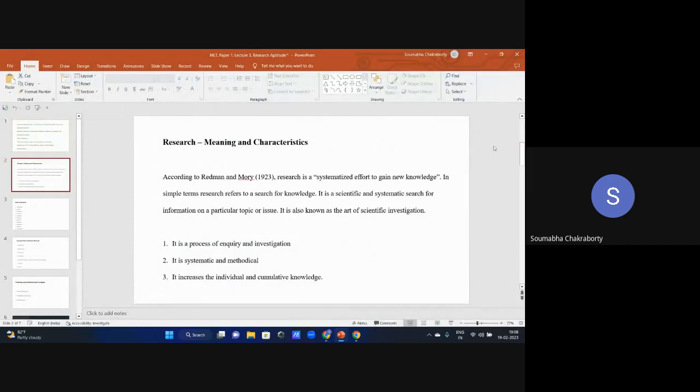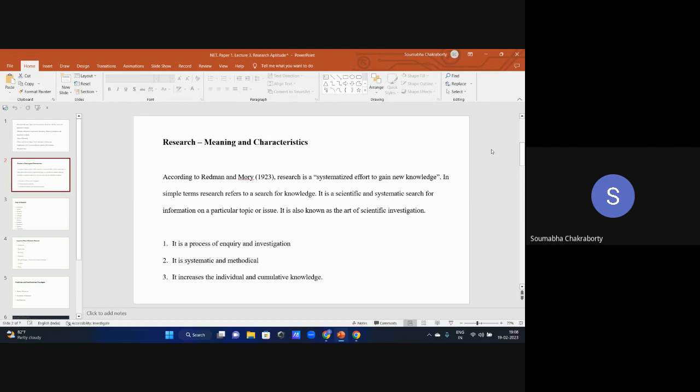So first, we have the meaning of research, the definition, and several characteristics. According to Redmond and Moring in 1923, research is a systematic effort to gain new knowledge. Simply speaking, research means a search for knowledge.